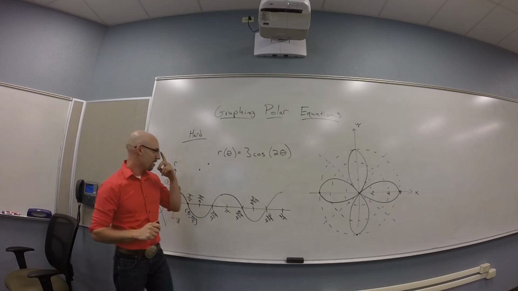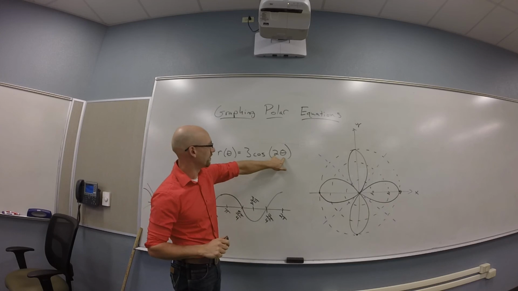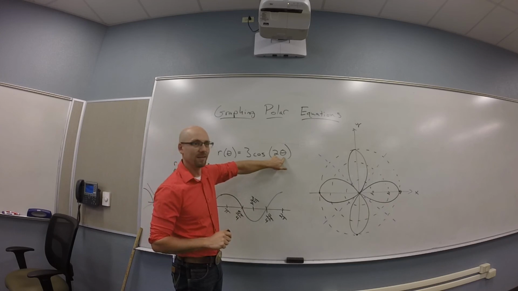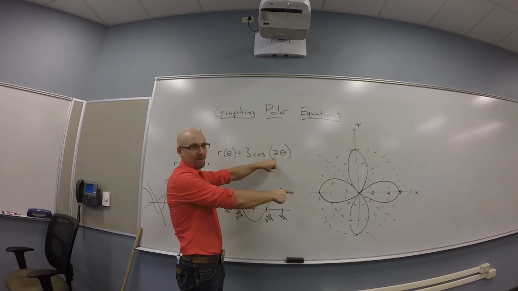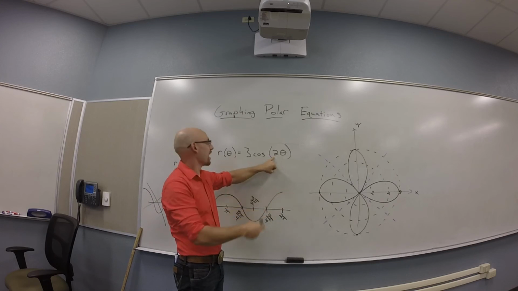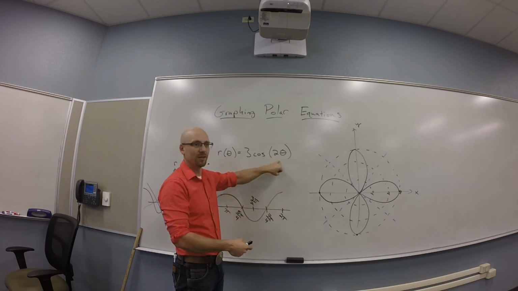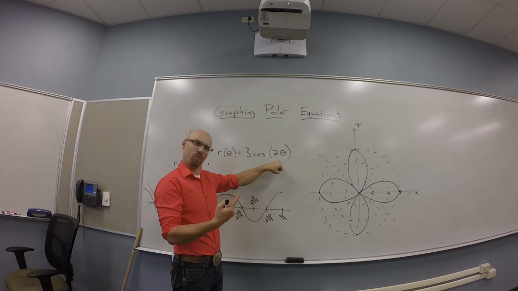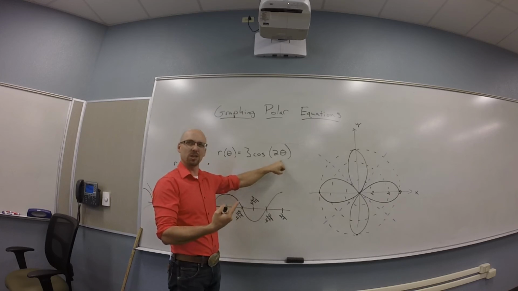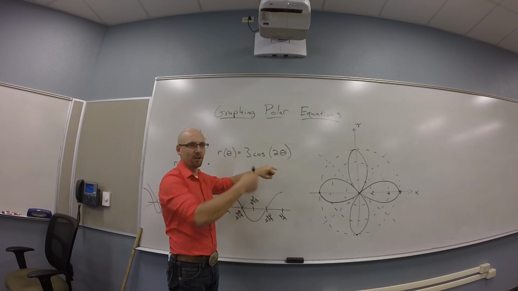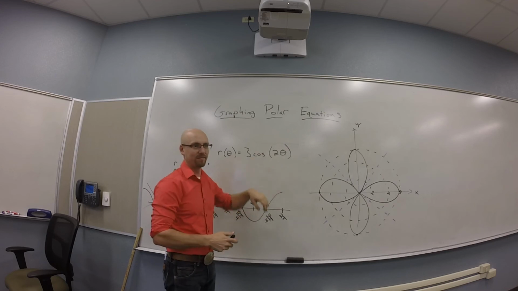So one thing I noticed here is that I got twice this for petals, right? You guys see that? I had a 2 in here and I got 4 petals. If I had a theta over 2, I would end up with 1 petal, which is kind of strange. 1 petal looks like a circle to the side.